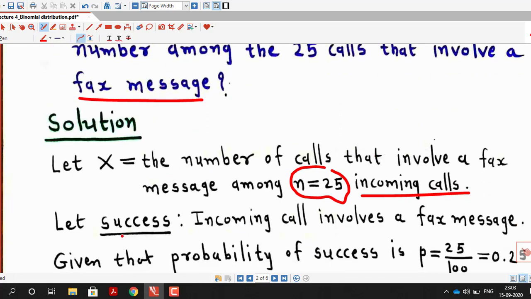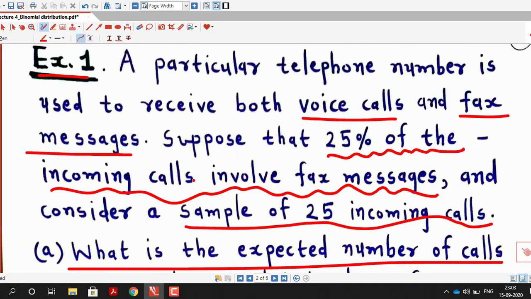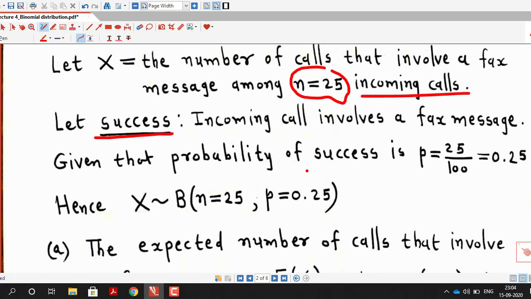So we consider success as the event that the incoming call involves a fax message, and it is given that 25% of the incoming calls involve fax messages. So the probability of success is p equal to 0.25.